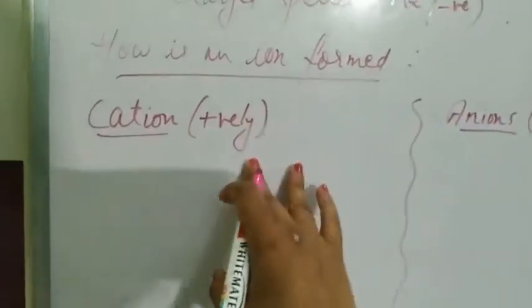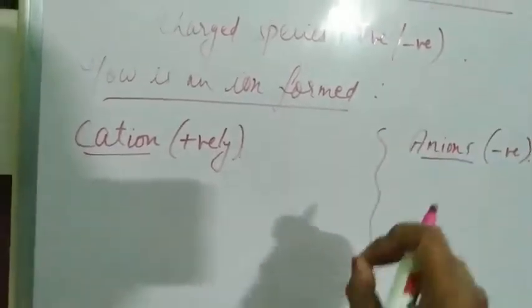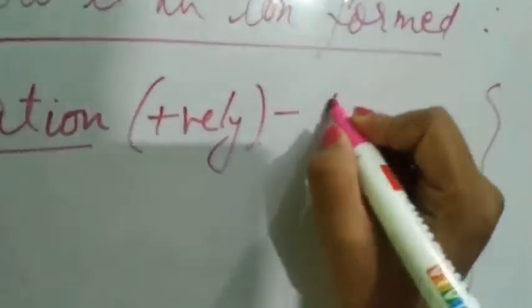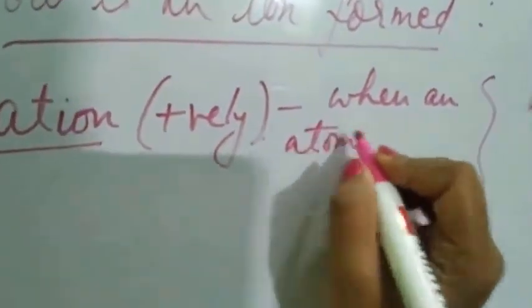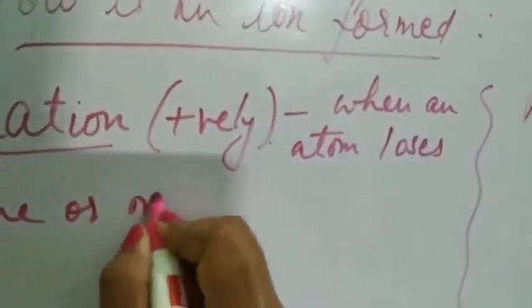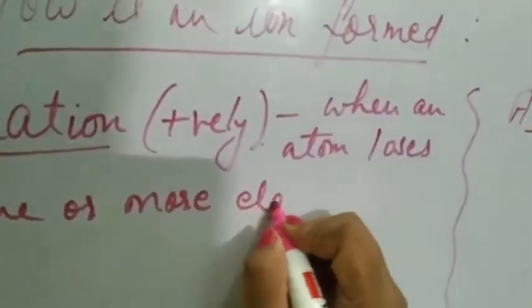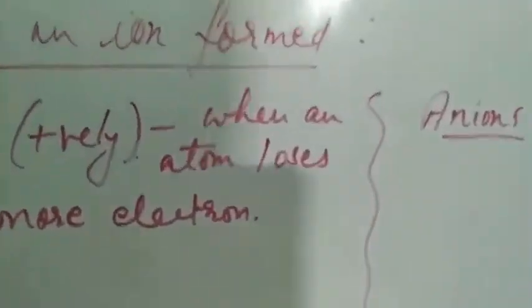Cation, that is positively charged, is formed when an atom loses one or more electron. And what is anion then?